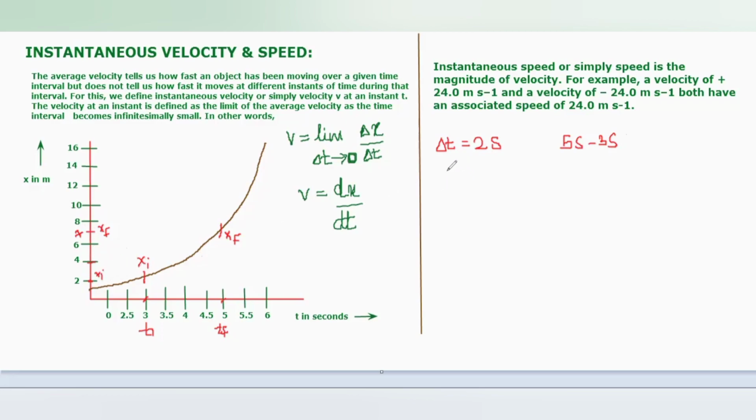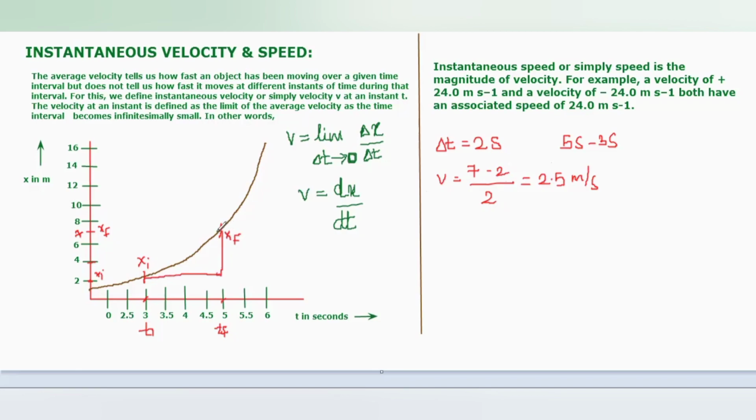So the change in position divided by the time interval gives the average velocity: 7 minus 2 divided by 2, that is 5 by 2, which is 2.5 meters per second. This can be obtained by getting the slope of this curve.